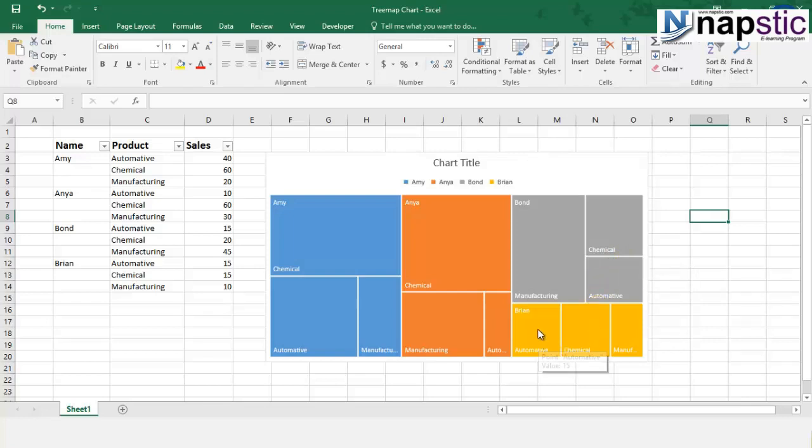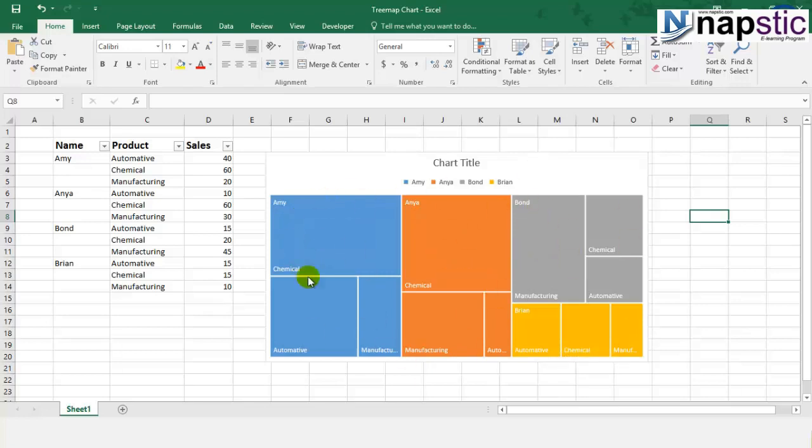If you were to look at Brian, we can see that automotive and chemical are exactly divided into two halves, and a bit of manufacturing. So Brian is contributing more towards the automotive side. Again, there's a thing that you need to remember: we are not comparing Ami with Anya, or Anya with Bond.